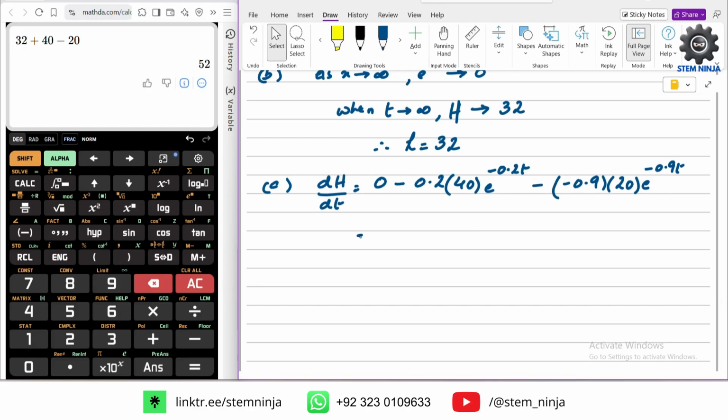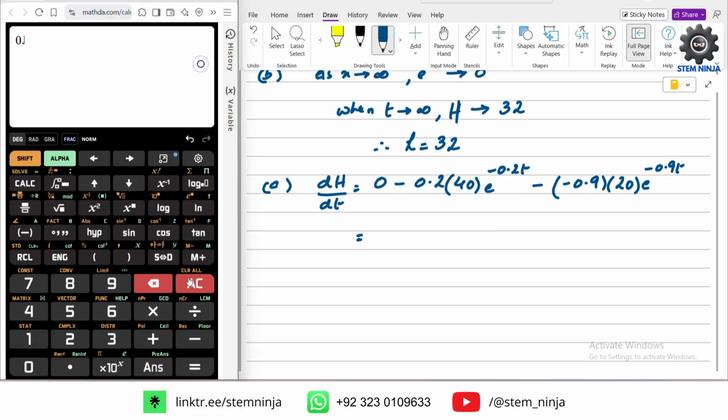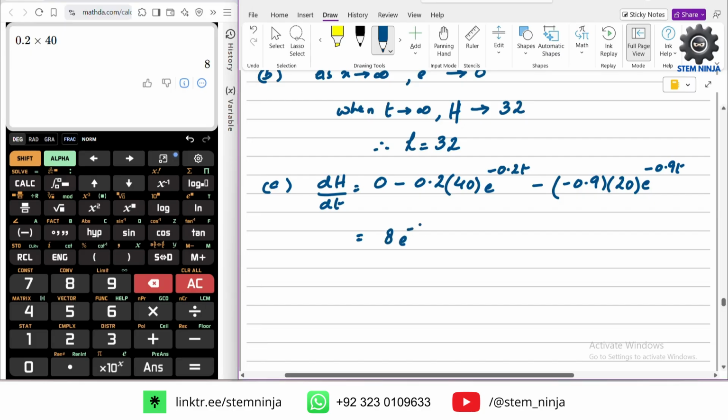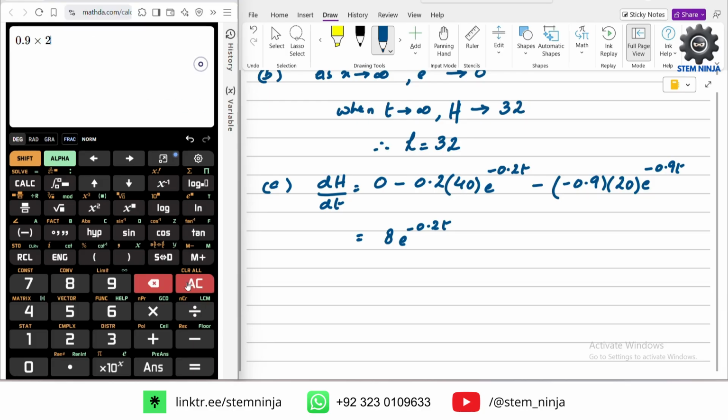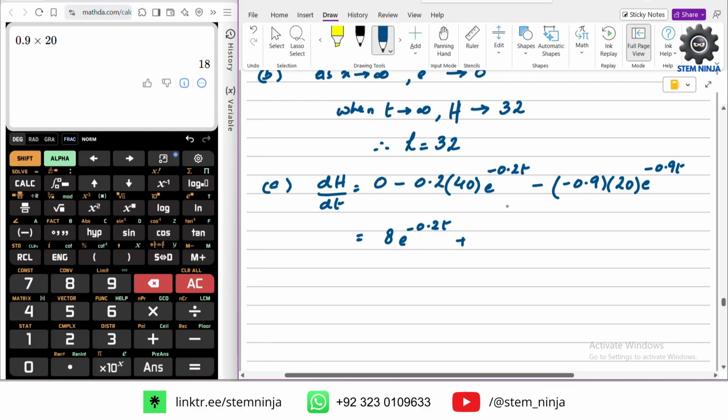So we are getting 0.2 times 40, 8, e raised to the power minus 0.2t, and 0.9 times 20, 18, e raised to the power minus 0.9t, and this is equal to 0.